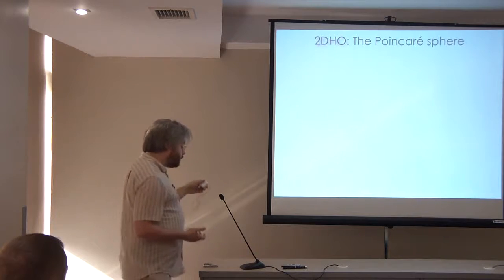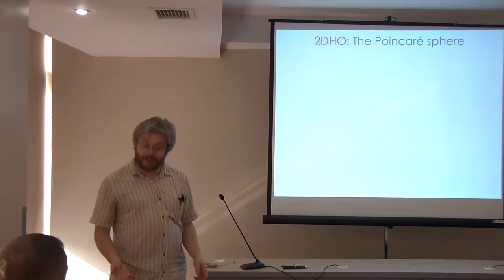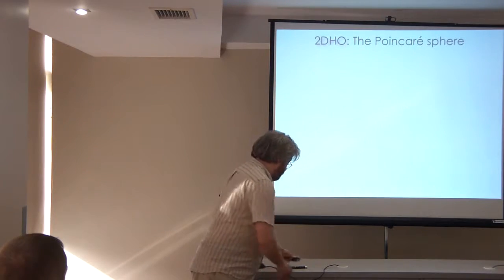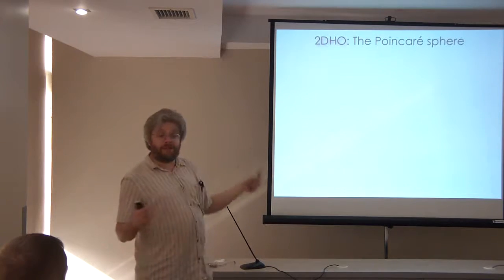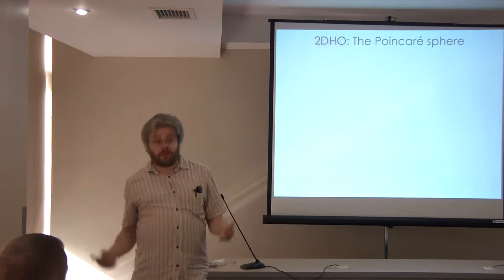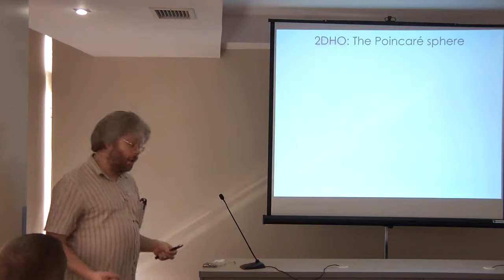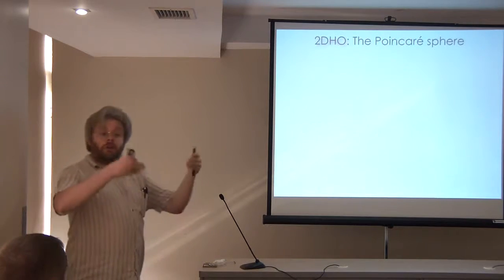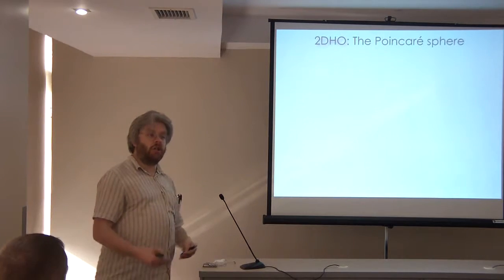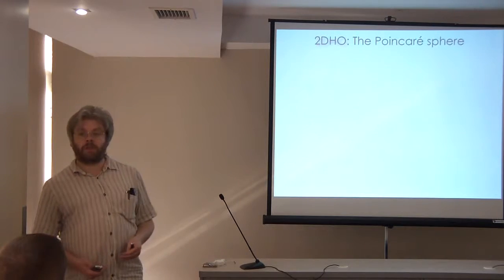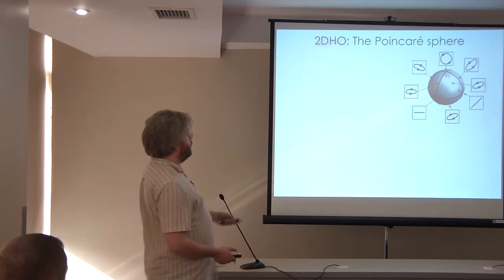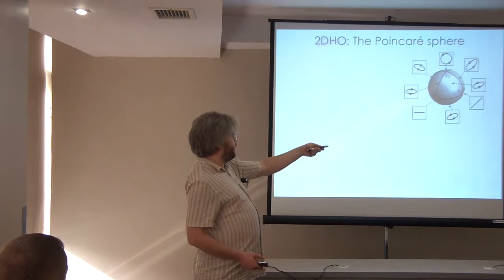So actually, if I want to talk about the two-dimensional harmonic oscillator, I should think about the Poincare sphere. But we're not talking about the Poincare sphere for polarization, we're just thinking of it as a representation of a classical two-dimensional harmonic oscillator. So here's a picture of the Poincare sphere.